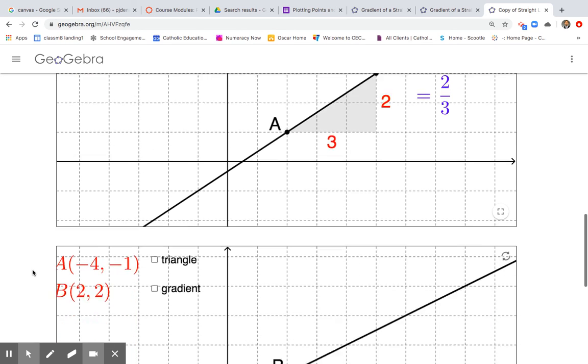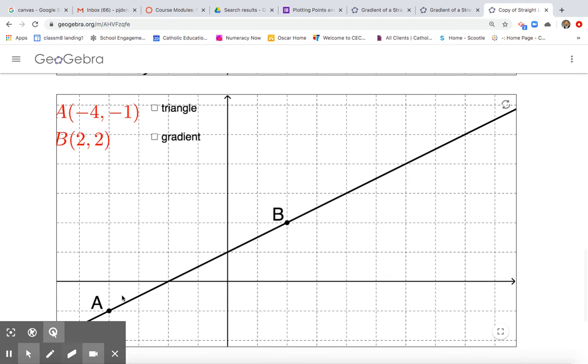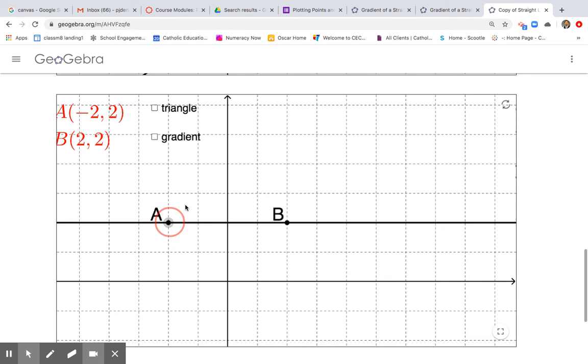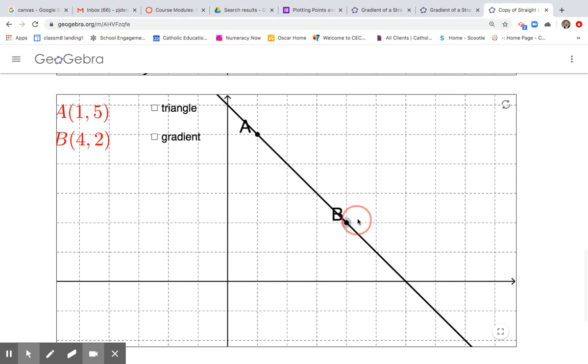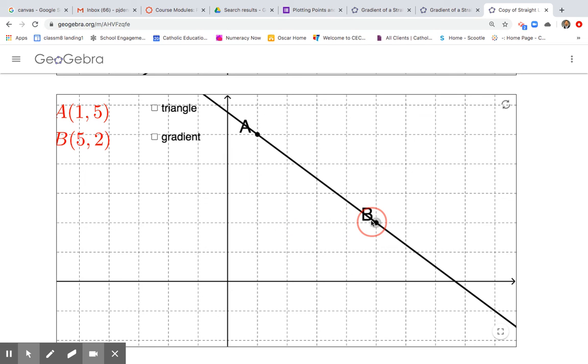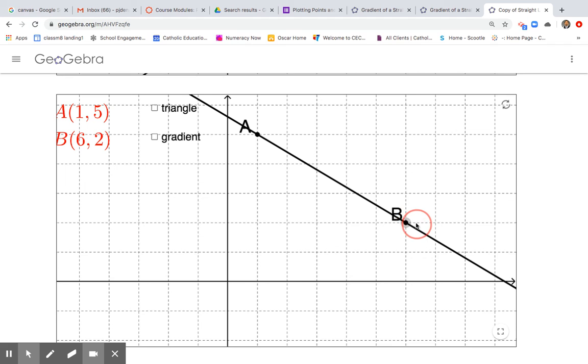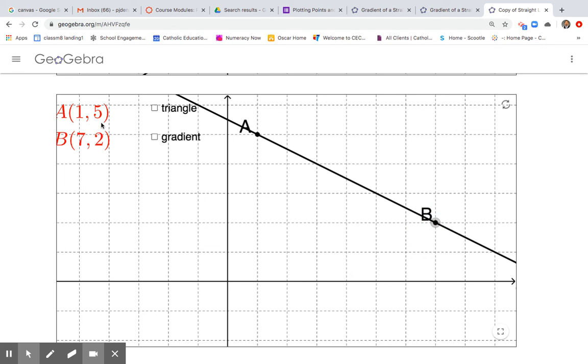And we'll do one more. We might put a negative in here. So if we want a negative, it's got to be going downhill. The triangle might be a bit weird here, but let's make it that. If we wanted to do it beforehand, the difference of the y's, 5 minus 2 is 3. The difference of the x's, 1 minus 7 is minus 6.